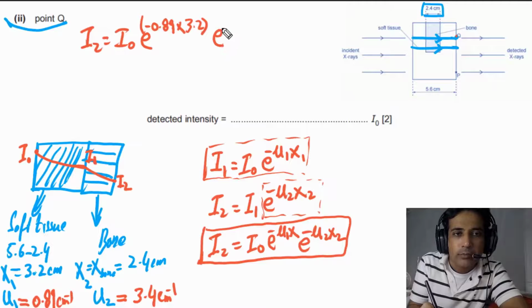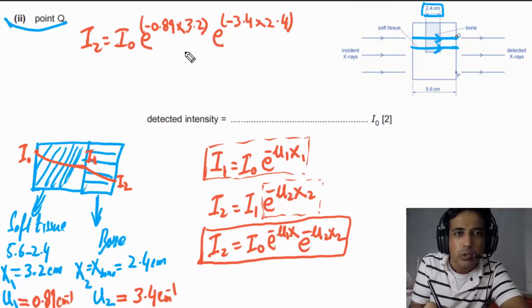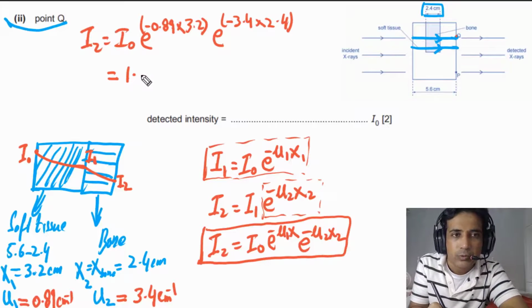Now we have to multiply by e to the power of negative mu2, and mu2 is 3.4 times thickness 2.4. Now simply we need to solve this. You can use a calculator, e to the power of minus, and you can find out the value of I2. In this case, the value of I2 will be equal to 1.7 times 10 to negative 5 times I naught.